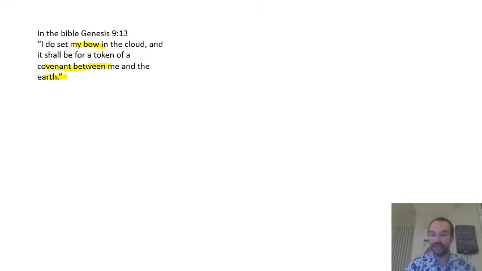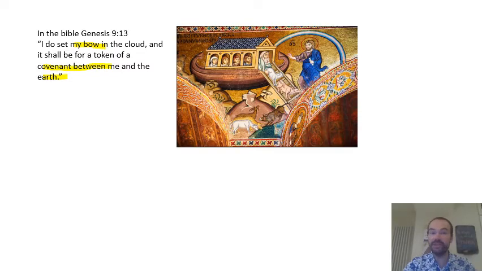We see that in the Bible. We see that in representations, though. There's a fantastic fresco with the ark there and Noah, a depiction of God there and the rainbow above it. It's not only the Christian religion that mentions the rainbow.